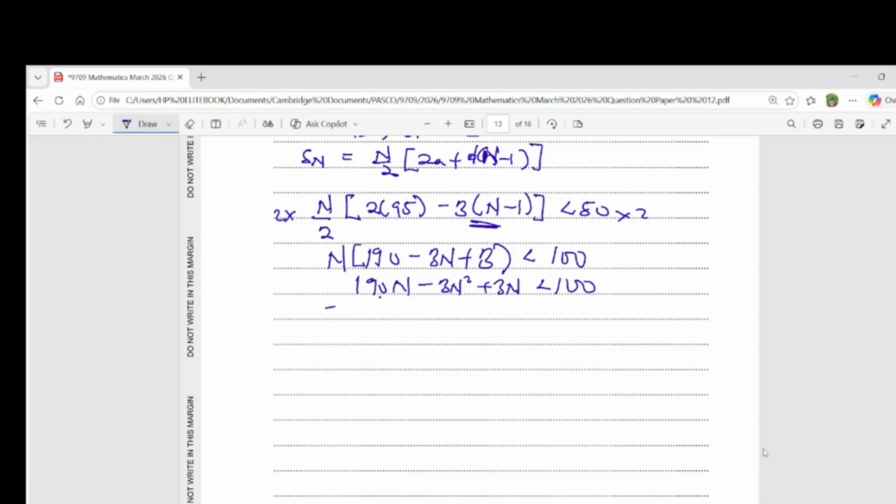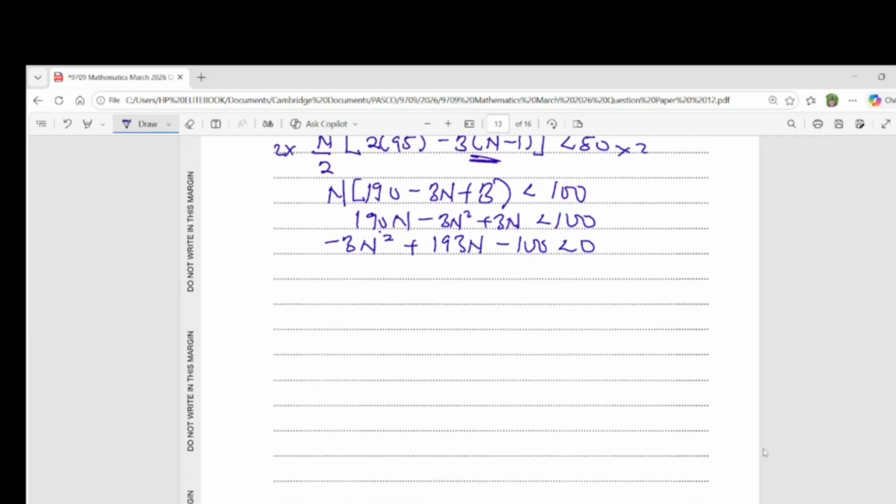So we have over here negative 3n squared plus 190n plus 3n, which will be 193n, less than 100. I'm going to send 100 over so that we have minus 100 less than 0.